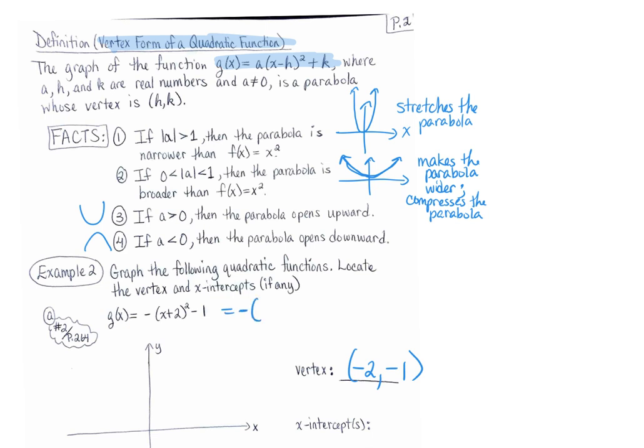This is the same thing as negative times x minus what? If you have negative times the quantity x plus 2 squared minus 1, that's the same thing as the quantity x minus what quantity squared? If you put a 2 here, is that the same thing as this?